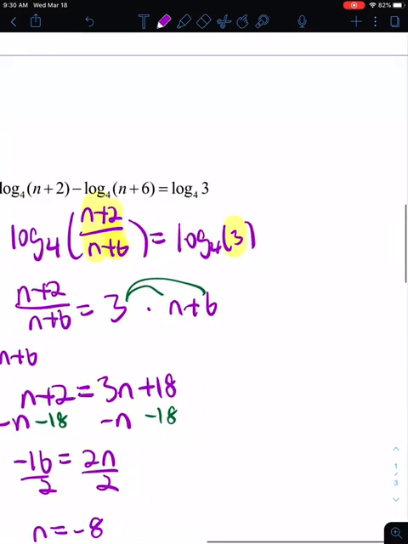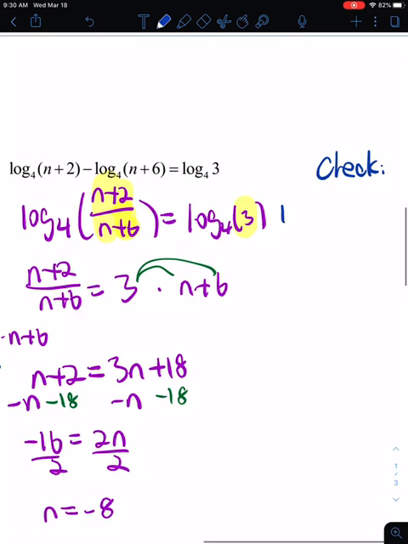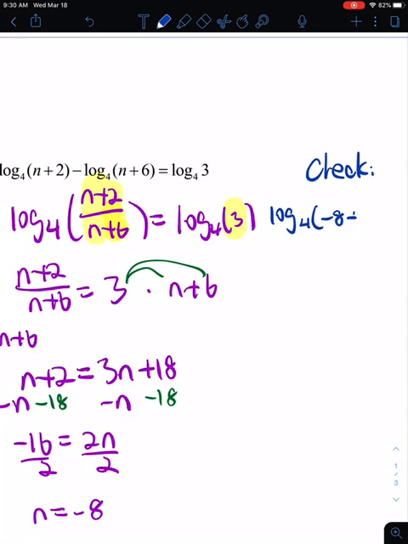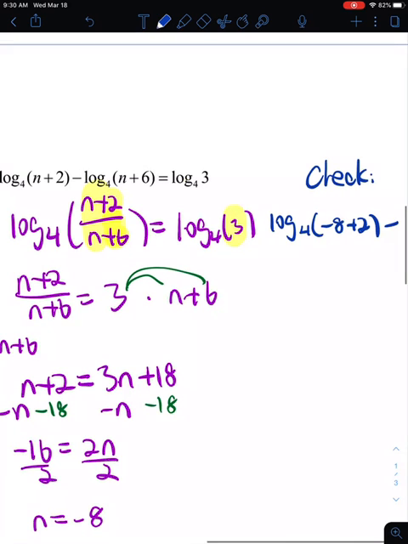Okay, once again, we're not done just yet. Go ahead and check your work. And now let's take a look. So log base 4 of n plus 2, well, n is negative 8, plus 2, minus log base 4 of negative 8 plus 6 equals log base 4 of 3.